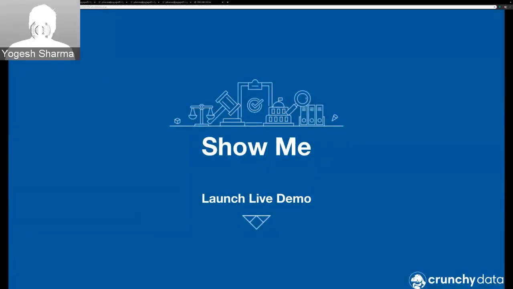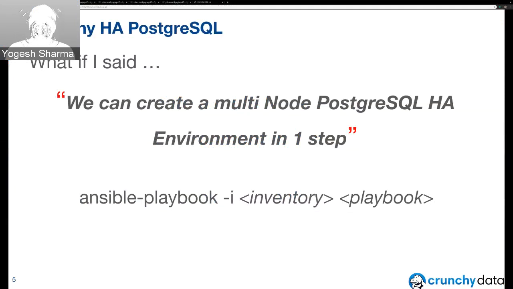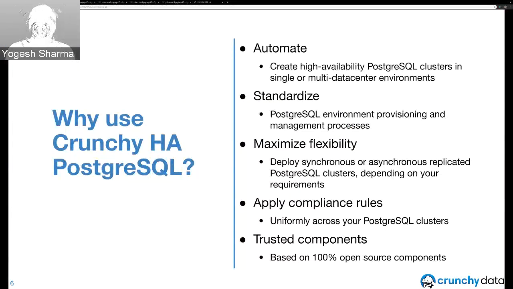Okay, so while the demo is running, let's talk about why to use Crunchy HA PostgreSQL. We have created an automation framework for you. We have created roles, which help write our playbooks very easily. It allows us to create an HA Postgres cluster, which can be in a single or multi-data center environment. And I have different deployment scenarios that I can go over in subsequent slides.